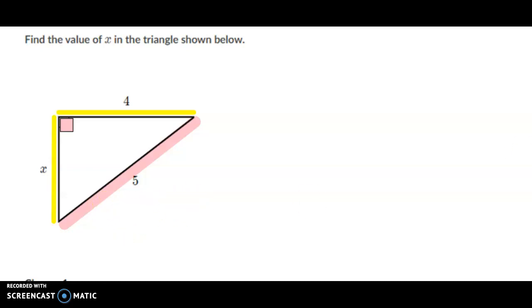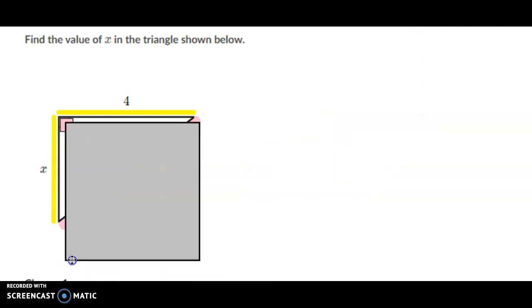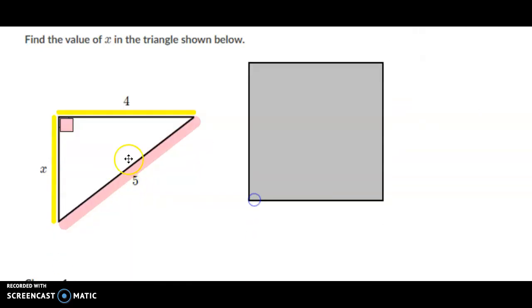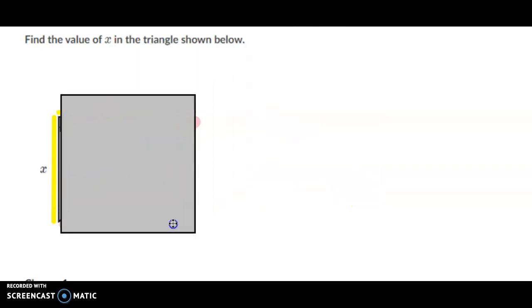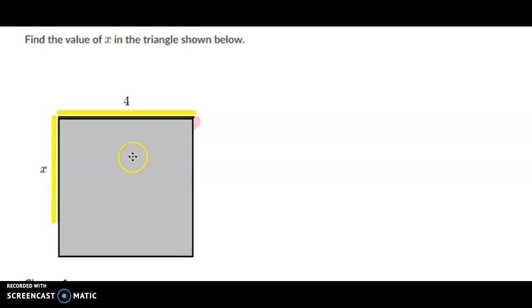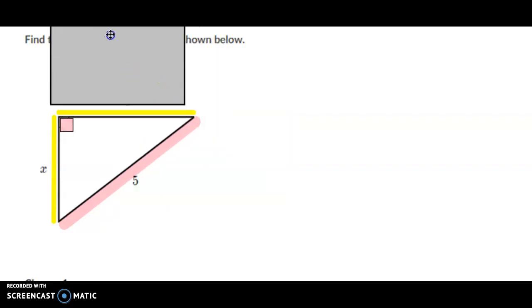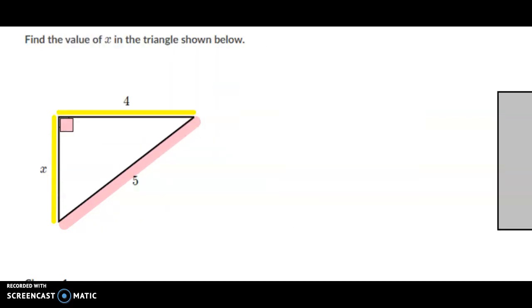So what we found out yesterday, understanding the Pythagorean theorem, was that we weren't looking at this number 4. We were looking at the area of a square that has a side length of 4. And so we want to know the area of this square up here made by that side of the triangle.